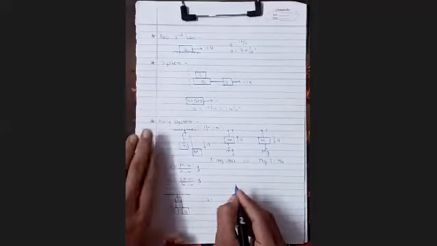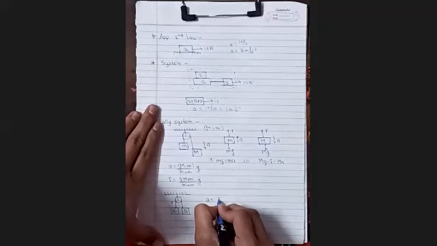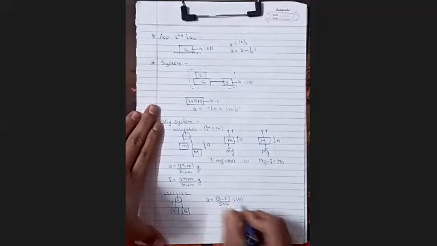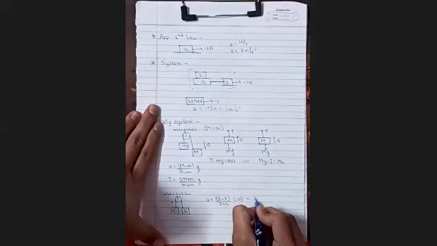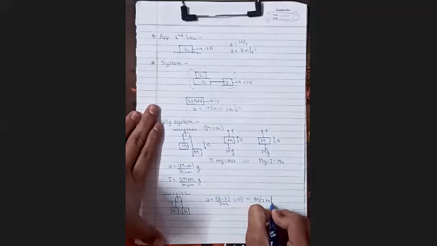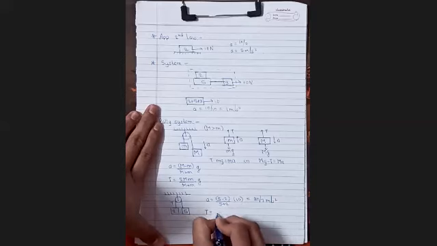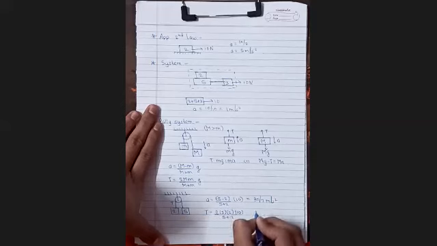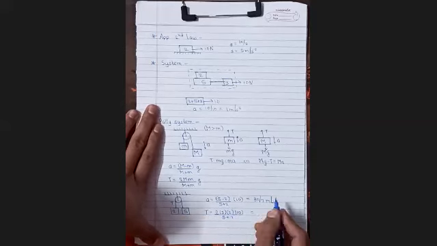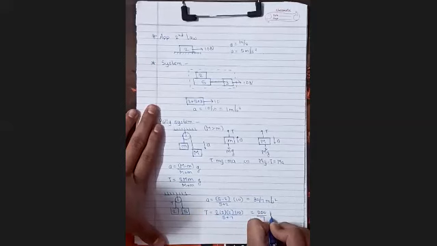From here we get acceleration 30 upon 7 meter per second square, and from here we get tension value 200 upon 7 Newton.